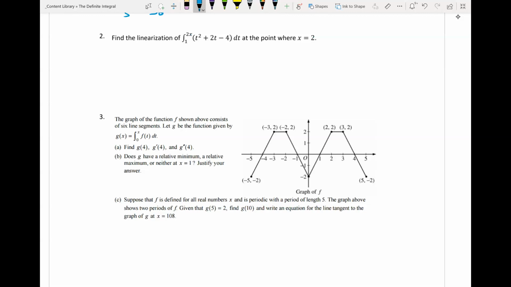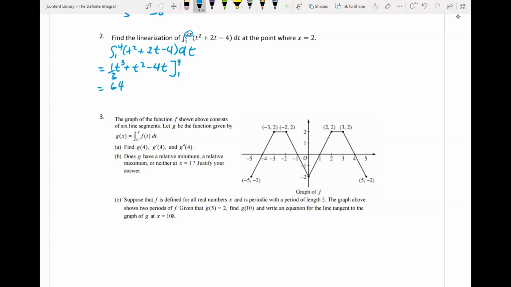So 2 times 2 in our upper bound is 4. Now I'm going to take the antiderivative right away because this is just the reverse power rule. So you add 1 to the exponent, that's t to the power of 3 divided by 3, plus t squared minus 4t, evaluated from 1 to 4.